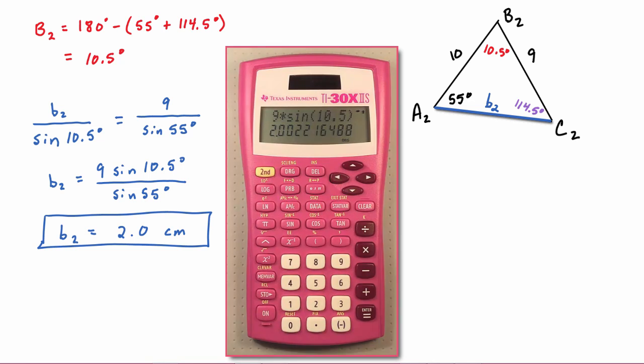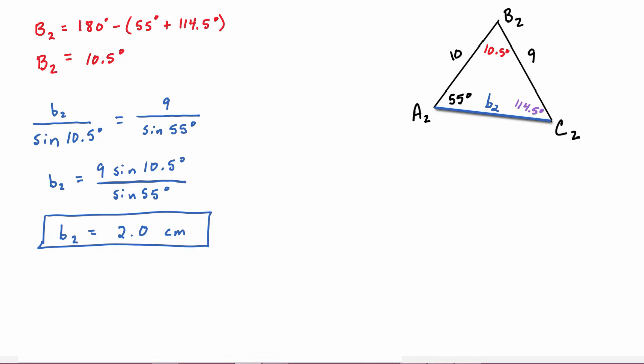Let's be sure to box in our answers in our work. And now we can get B2 on our diagram, 2.0. And now we have solved the second triangle.